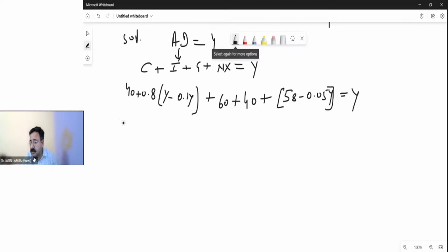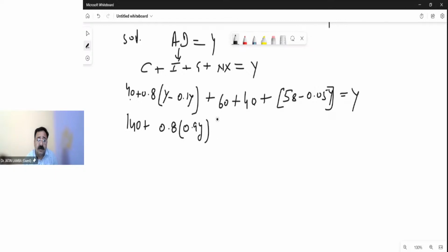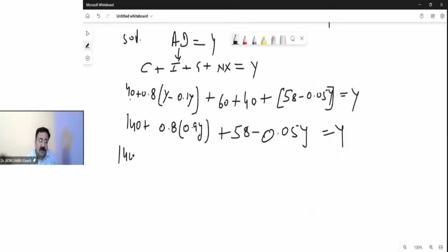See, solve the equation, बच्चों. 40 plus 60, 100 plus 40, 140, plus open the bracket. Now 0.8 Y minus 0.1 Y is 0.9 Y, plus 58 minus 0.05 Y is equal to Y. Now 140 plus 0.72 Y plus 58.